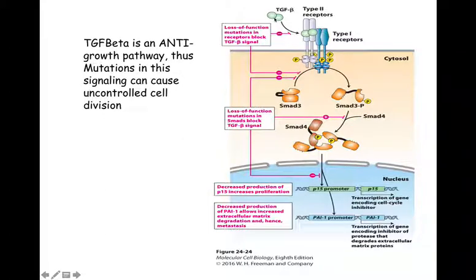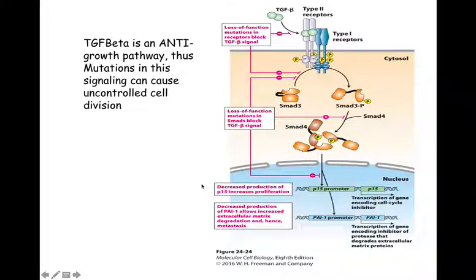So you can have mutations in TGF-beta itself. You can have mutations in the SMADs that interact with the receptors when they come together. You can have mutations in proteins that are involved in getting the SMAD into the nucleus.